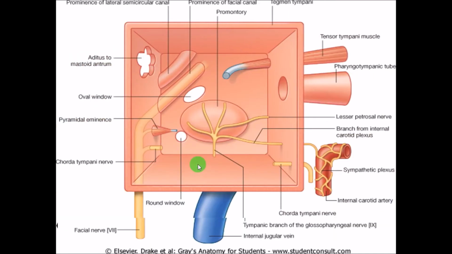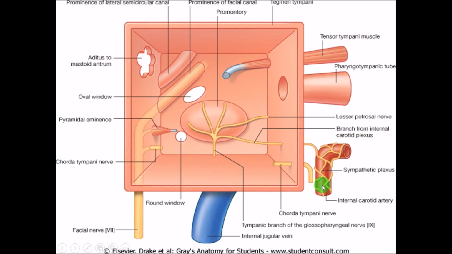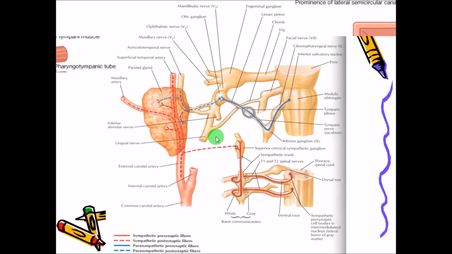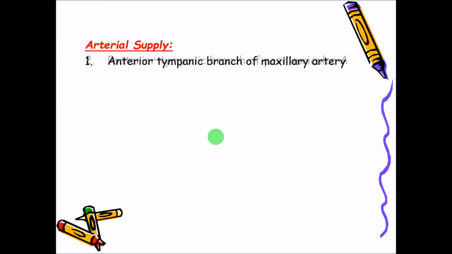Here will be the internal carotid artery, and here also this is the internal carotid artery, and there is a plexus of nerves around this. All these plexuses will join together with the tympanic branch of the glossopharyngeal nerve and the plexus around the internal carotid artery to form the tympanic plexus.